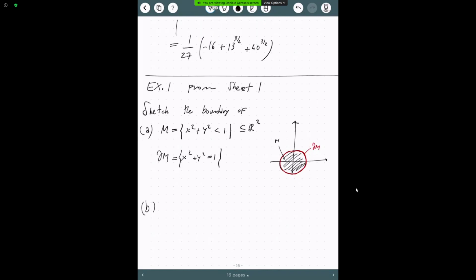In the B case, for instance, we have that M is equal to x squared strictly greater than y, and x squared plus y squared greater or equal than 1. So we have this object, which is maybe a little bit more complicated. Let's do a picture.